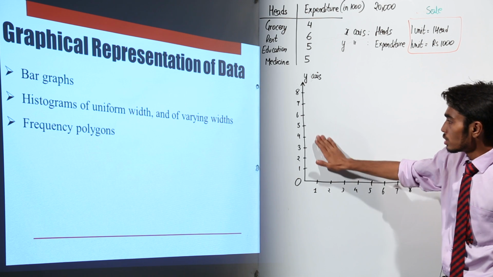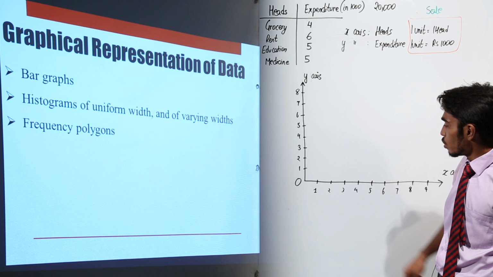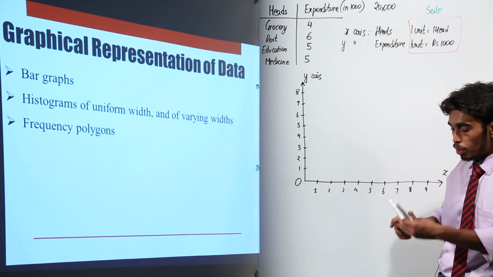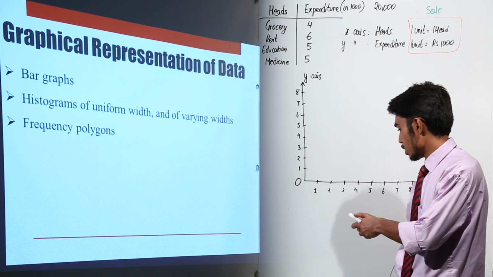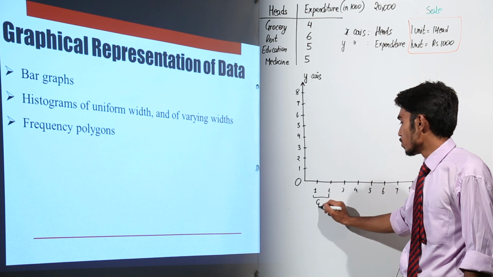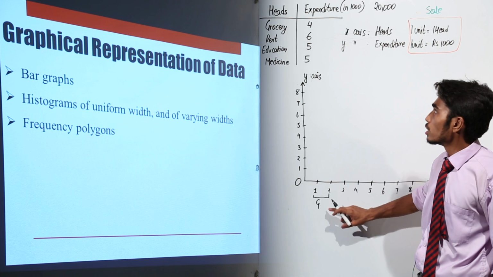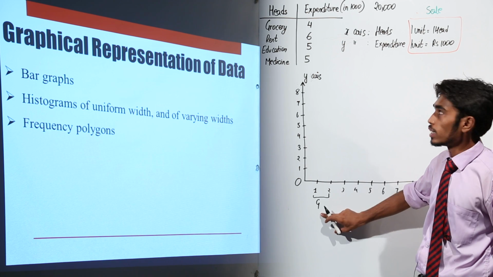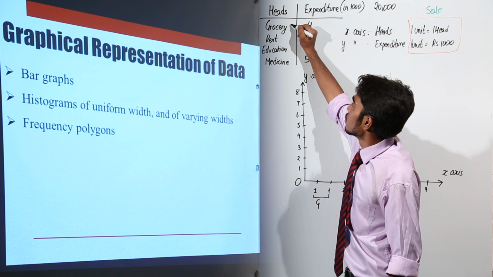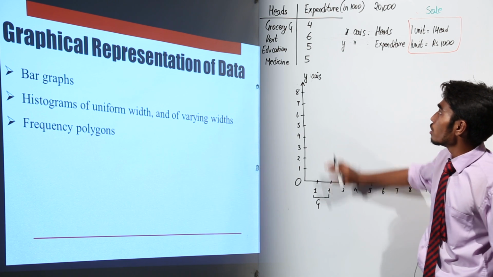Now on the y-axis, where is 4? Here it is 4, right? So 1 unit corresponds to grocery. So I'll be writing this as G, right? This division 1 to 2 will be representing the expenditure on grocery, represented by G, right? So how much money is spent on grocery? 4,000.